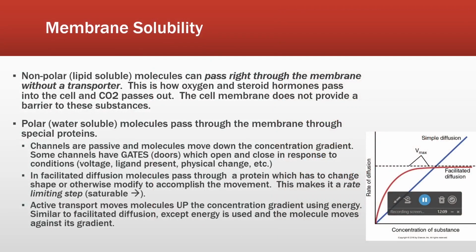Now, what causes these channels to open or close can be a wide variety of things. It depends on the protein. Some proteins open in response to voltage differences. Some proteins open in response to a ligand being present. Remember biochem, a ligand is a molecule that attaches to a protein and makes something happen, right?